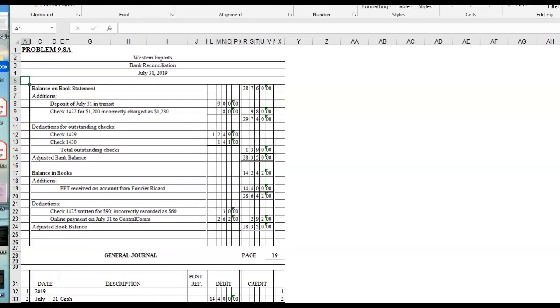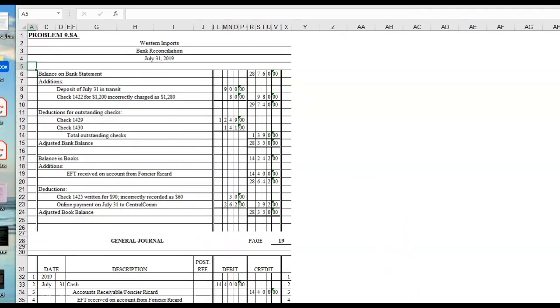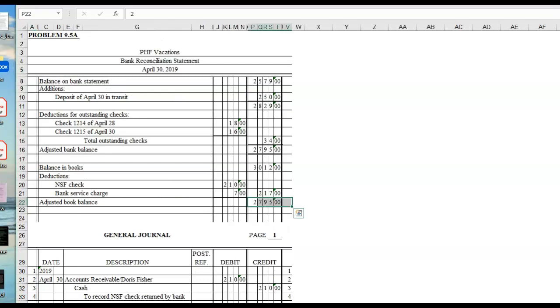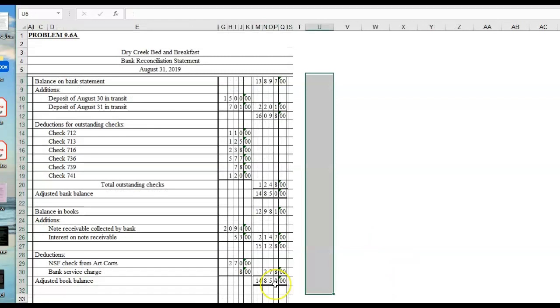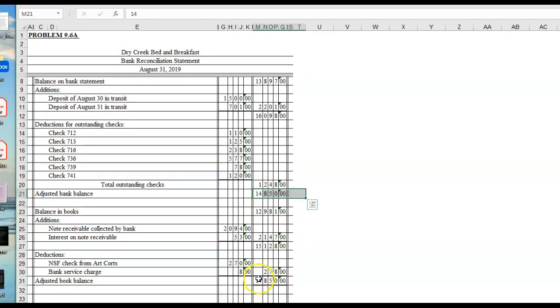This is 9.4a, 9.5a, and then the journal entries to go with it. Then this is 9.6a, which is again, you're going to want these amounts to balance. It'll be 14,850 on both sides.